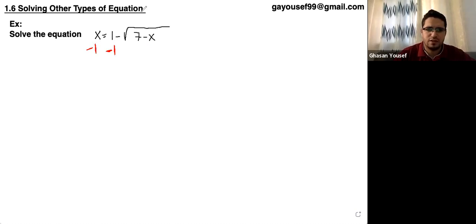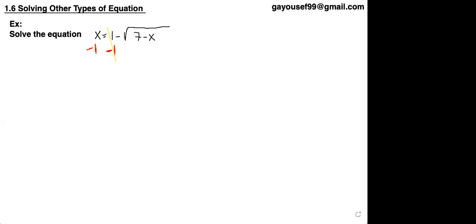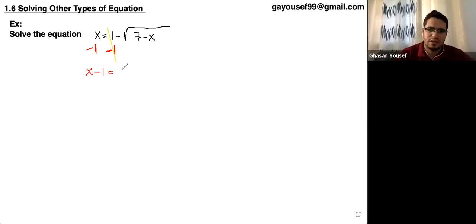When you subtract the 1 from the right side, they cancel out, because 1 minus 1 is 0. And on the left side, x minus 1 equals minus the square root of 7 minus x. Now, what is the second step?